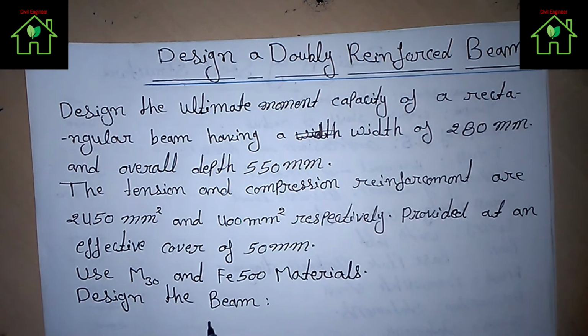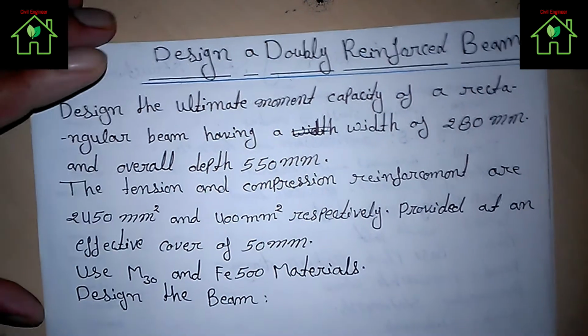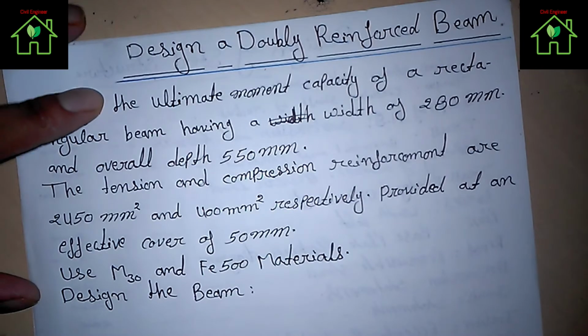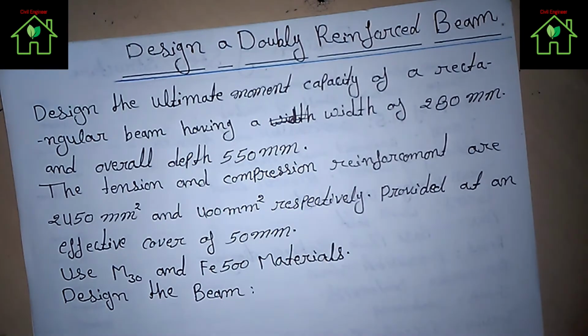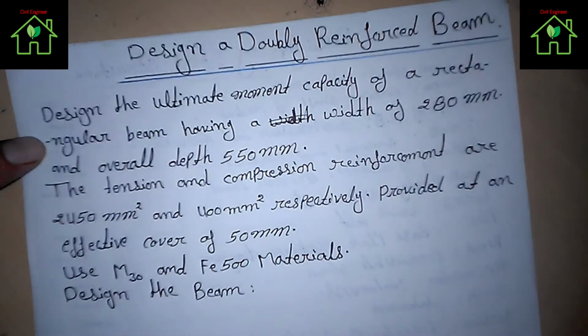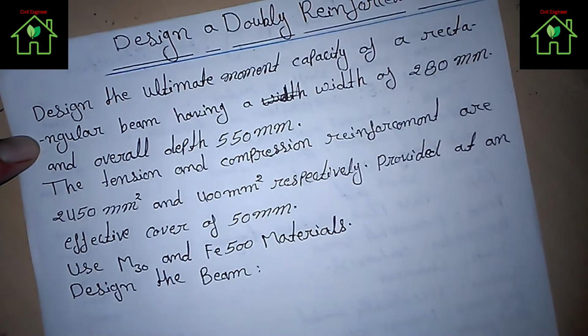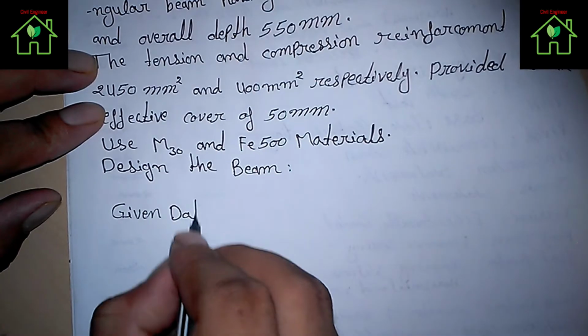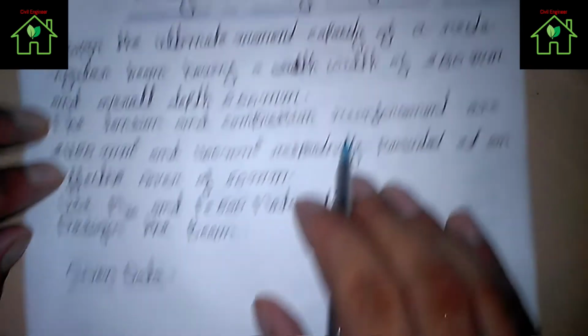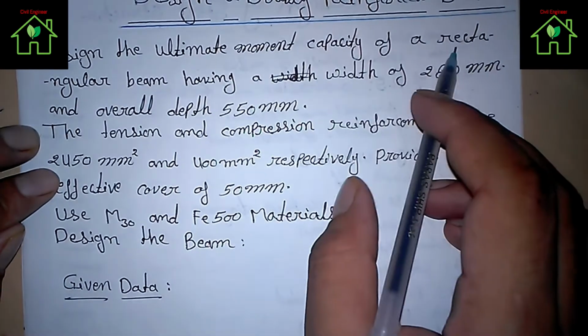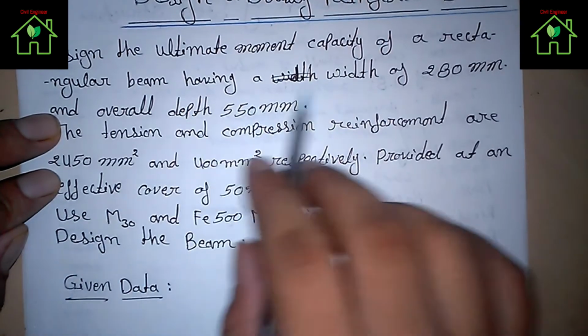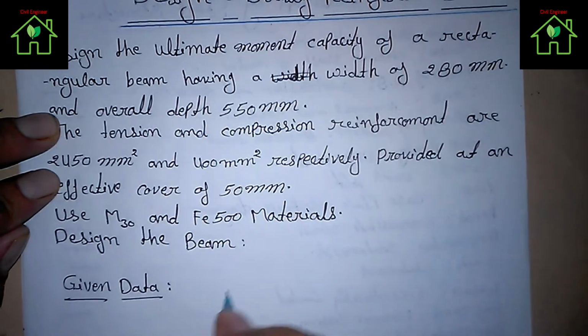Design the beam. So here we will calculate every value of this problem. First of all, we will write down the given data. Design the ultimate moment capacity of a rectangular beam having a width of 280 mm.